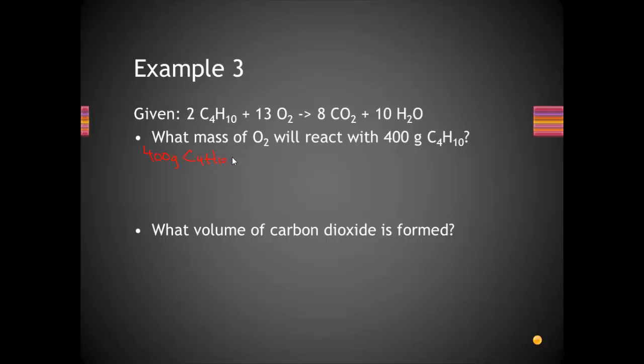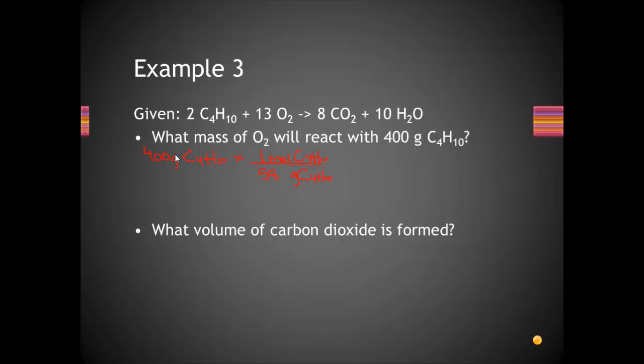Remember, in the first step, I'm going to use the periodic table. So 1 mole of C4H10 has a mass of, we need to go to the periodic table and add that all together. Carbon is 12, hydrogen's 1, so when you multiply all that out, you're going to get 58 grams.